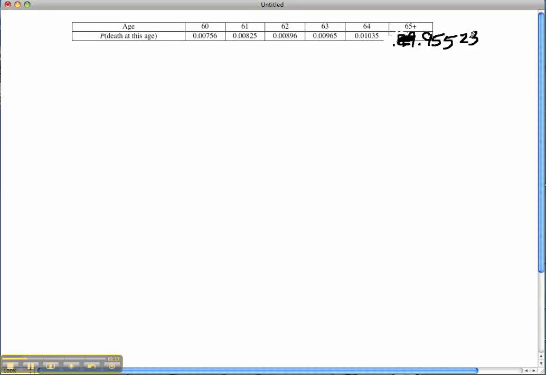Okay, so that's the missing probability, of her dying at 65 or older, which we know is going to happen if she hasn't died from 60 to 64.